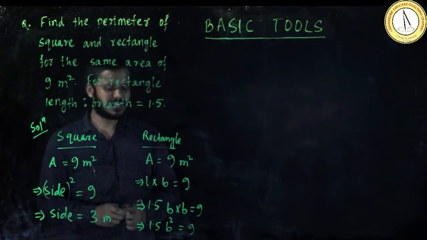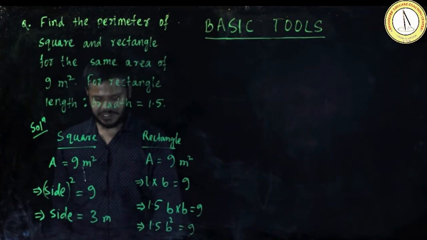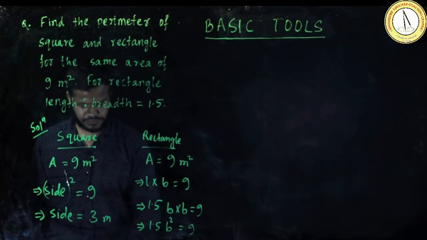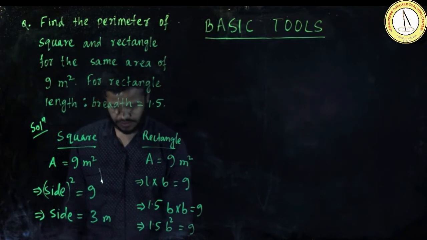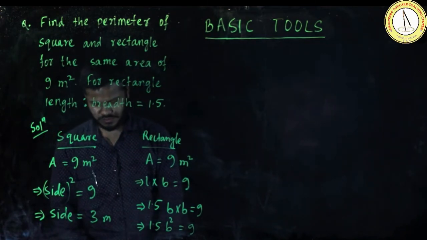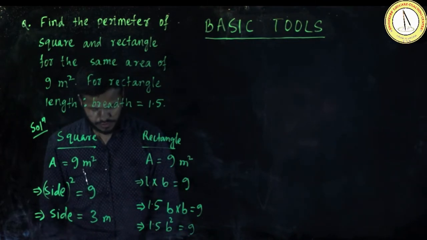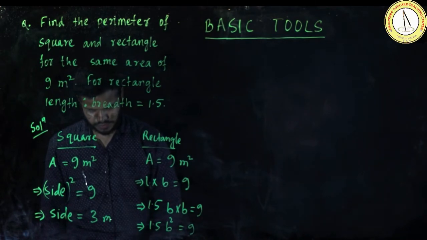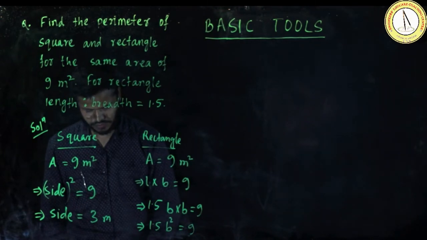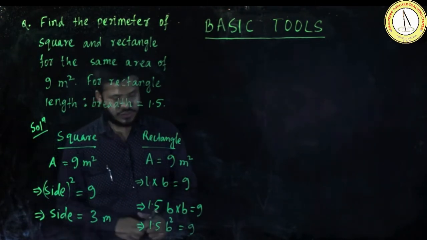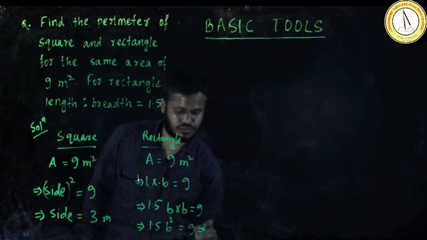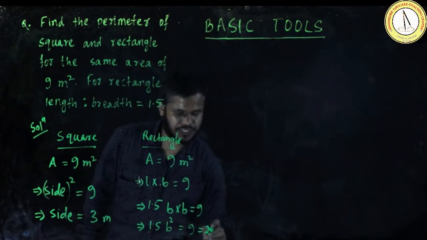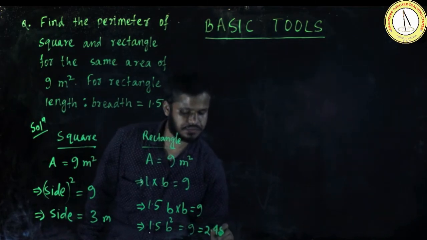So after solving this in calculator, we get B as 2.45 meter.